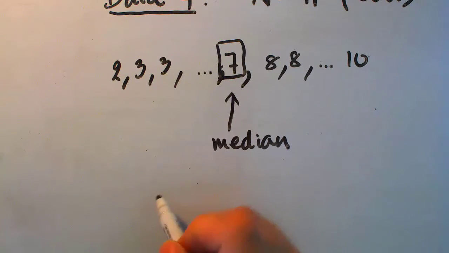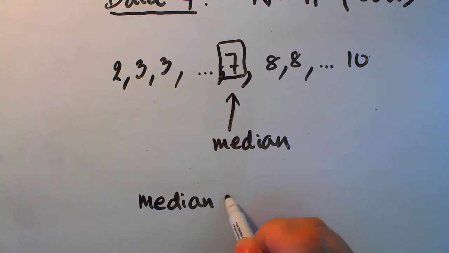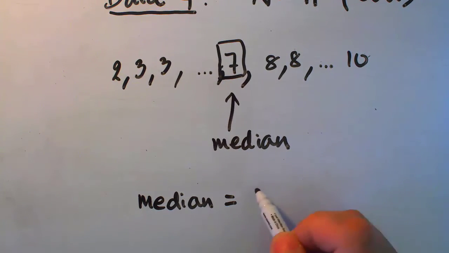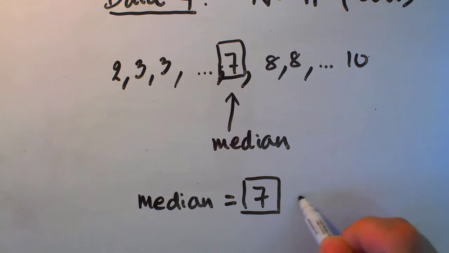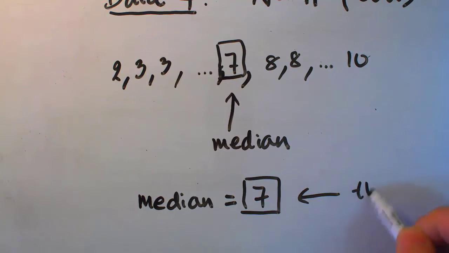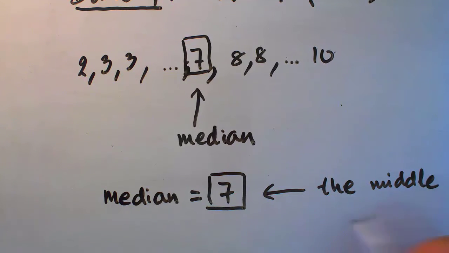And so our final answer is the median equals 7. And it also happens to be the middle value.